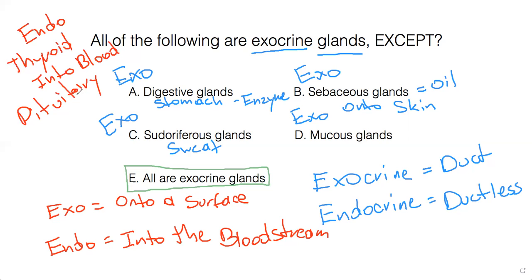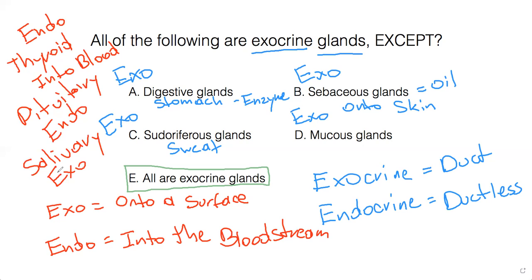And pituitary gland is also releasing its hormones directly into the bloodstream. So that is another example of endocrine. Or one more, maybe we're thinking about the salivary glands that are in the mouth. Now, the salivary glands are releasing their products, saliva, onto the surface of the mucosal lining in the mouth. So this is going to be exocrine gland.